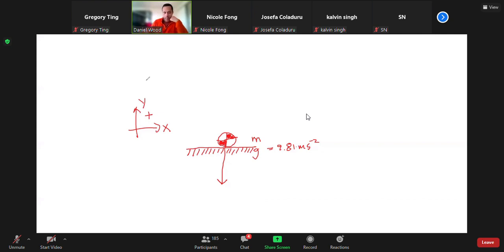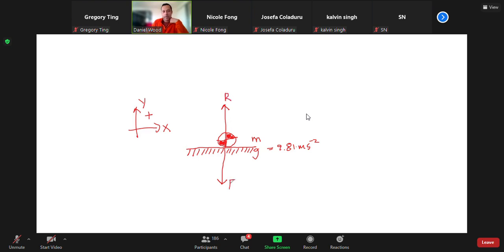Okay, so now what I have is a real situation, and because that body is at rest, if I don't react it with a force, this body should pass straight through this surface. So now I'm acknowledging that that surface is playing a role in this system, and I have a reaction force.